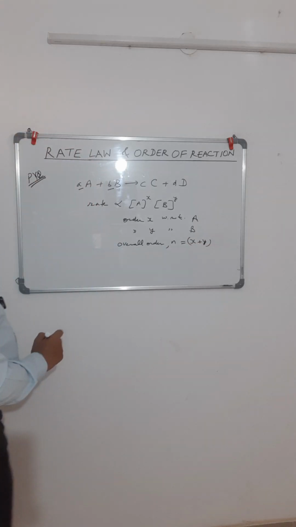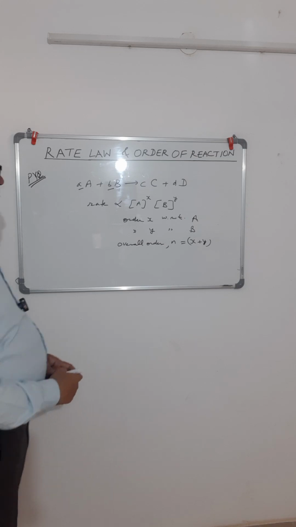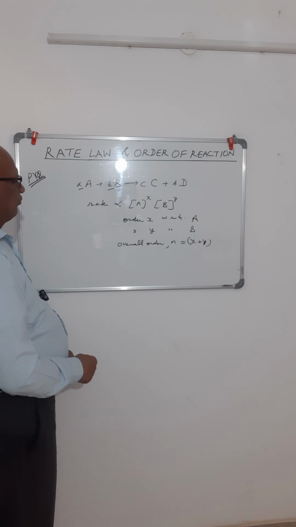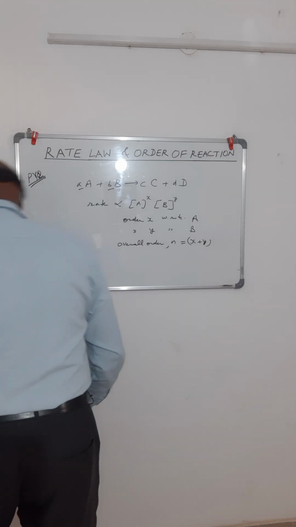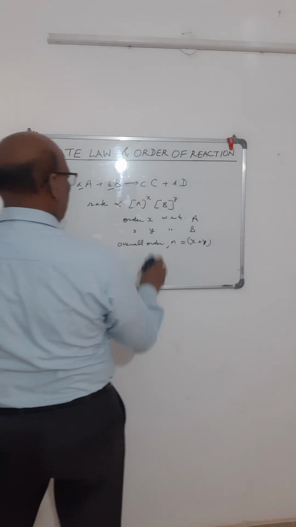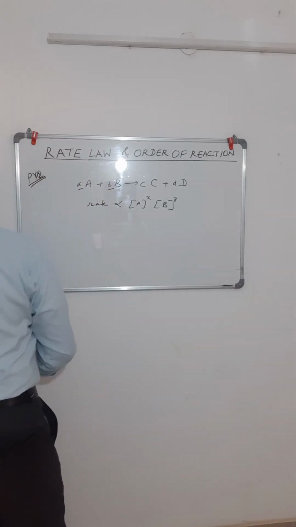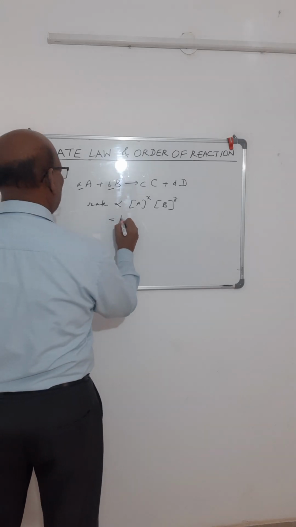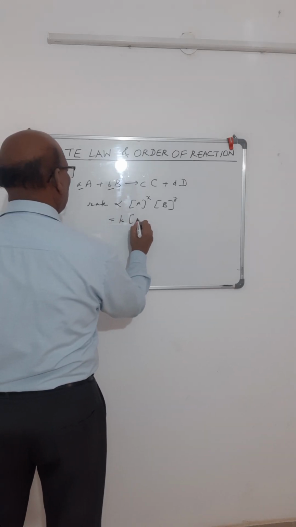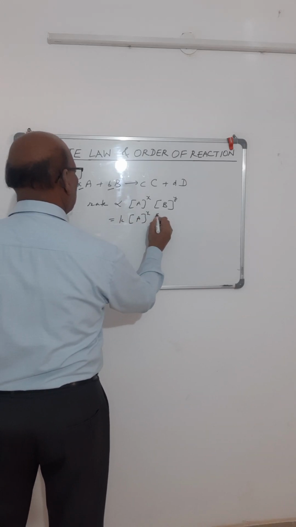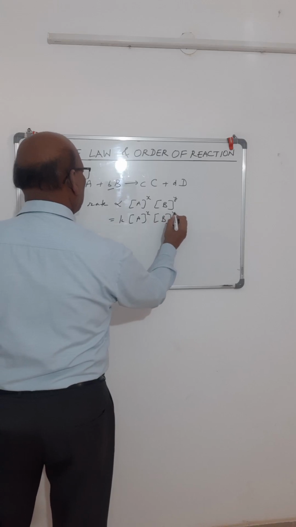Okay, so this is the order of reaction which is determined experimentally. Okay, now if I want to remove this proportionality constant, then I can write rate equal to k into [A] to the power x [B] to the power y.